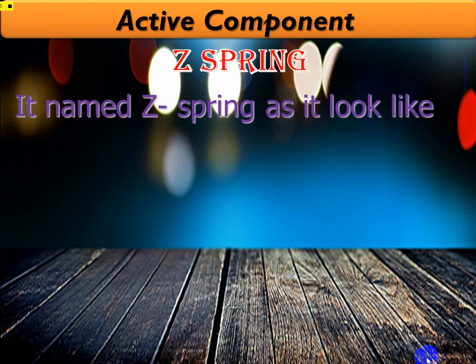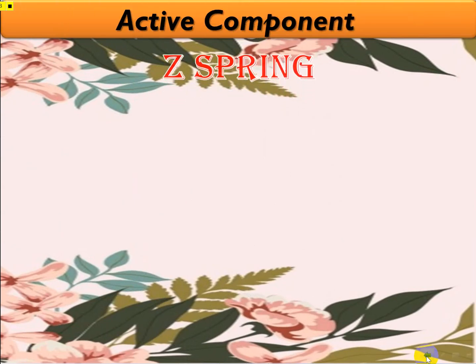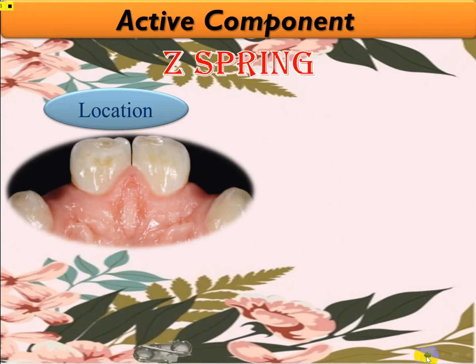The Z spring is called the Z spring because it looks like a Z letter. The spring is located palatally. You take this spring, of course, in your lab and you do your work with it, so we explain all this information for you, and I will explain it briefly.